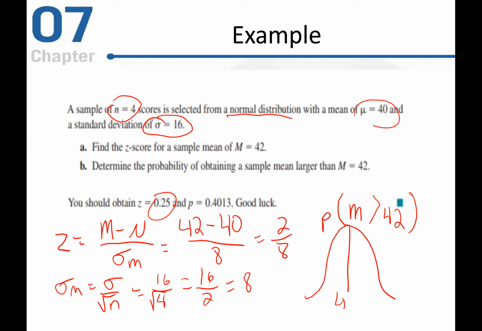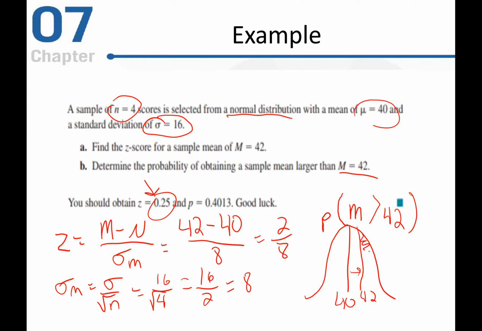The population mean is 40, and we are going to discuss where our sample mean is. Our sample mean is at 42. So our sample mean is above the population mean, so we already know that the z-score is going to be positive, like it was here. The z-score was already positive, right? It's asking us to look for the probability of obtaining a sample mean that is greater than 42.